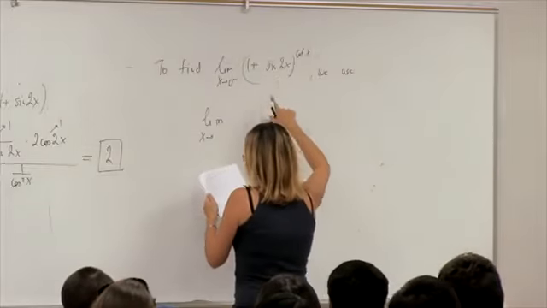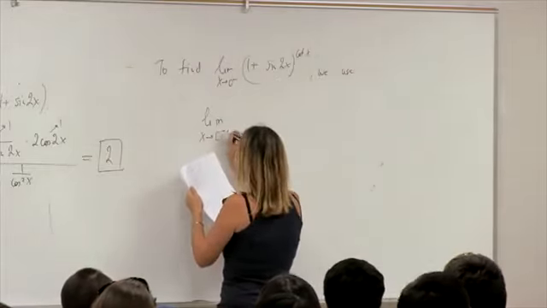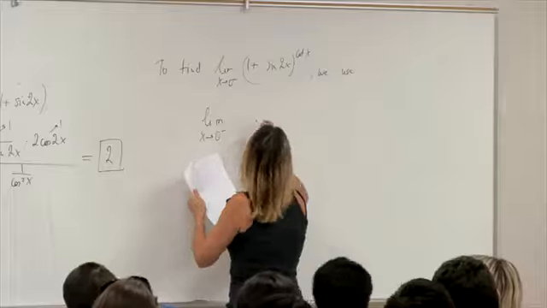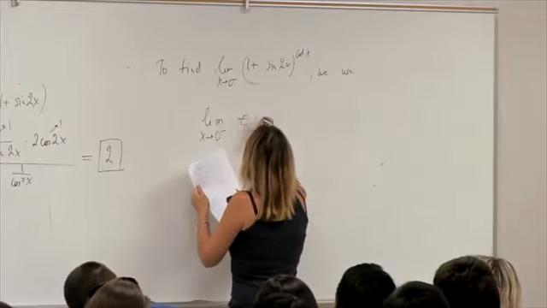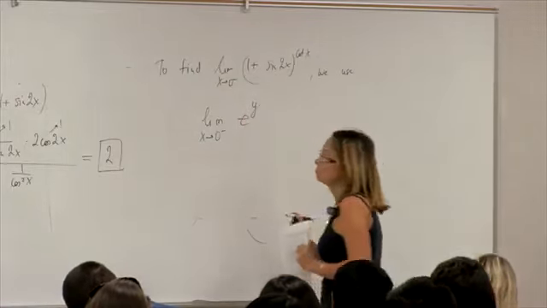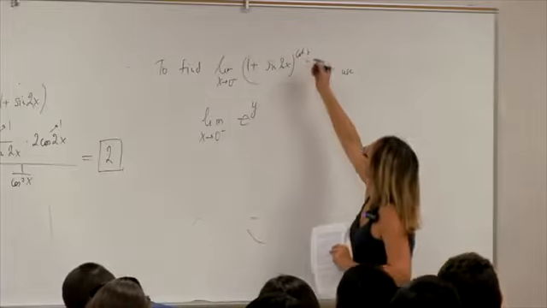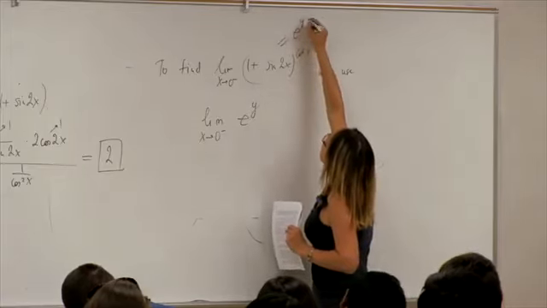So we have the limit as x goes to 0 minus of e to the y. So this guy is equal to e to the y.